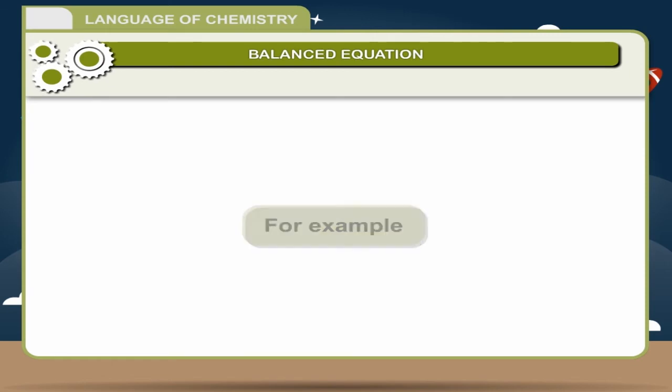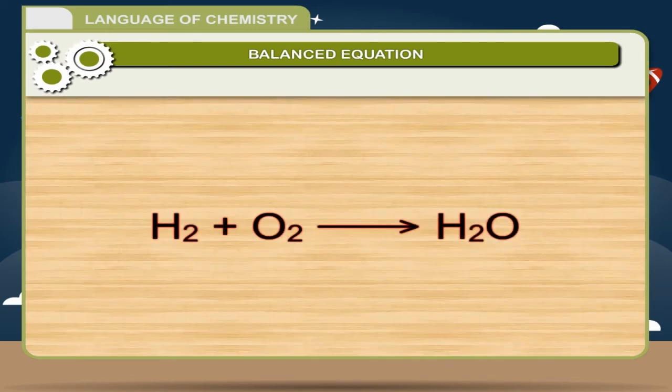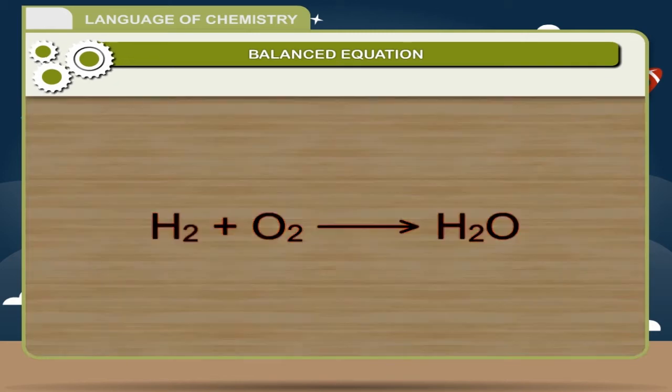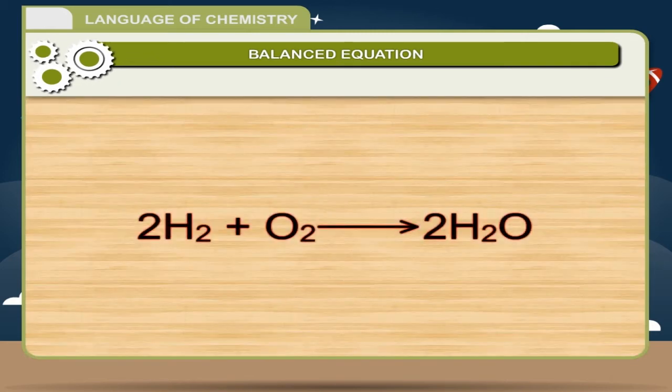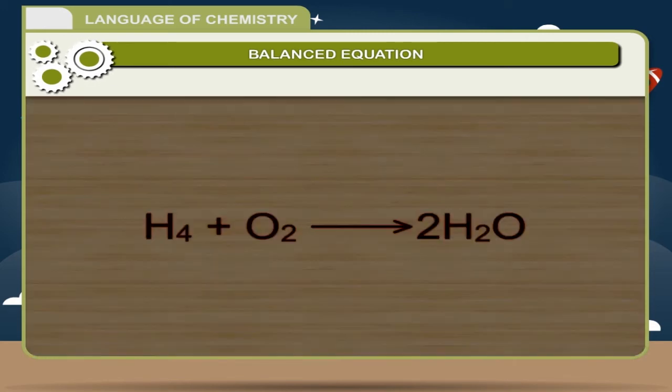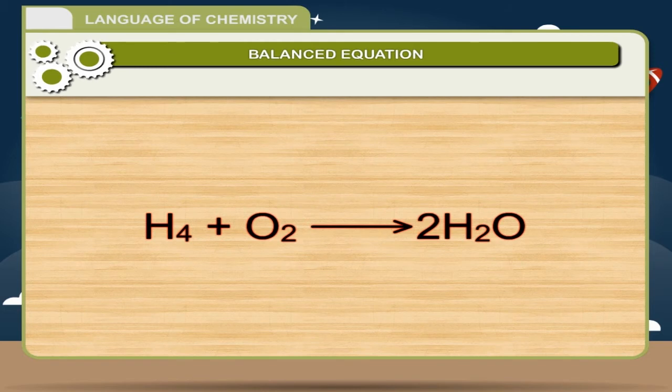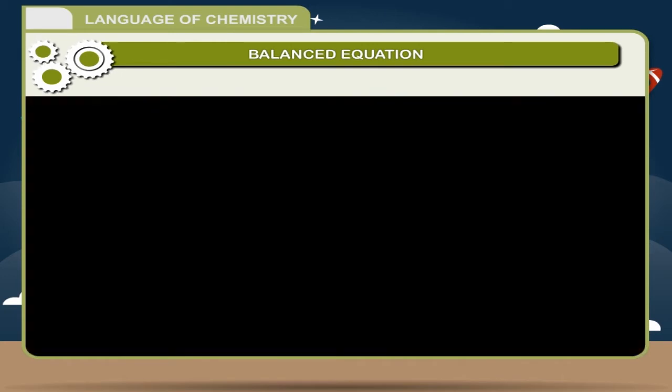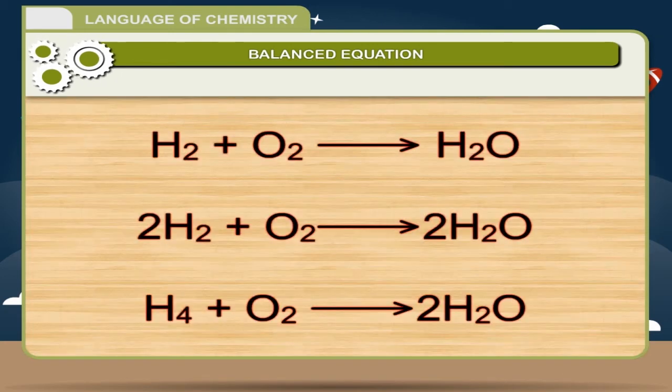For example, H2 plus O2 gives H2O can be balanced as 2H2 plus O2 gives 2H2O. We cannot write H4 plus O2 gives 2H2O. We cannot change the number of atoms per molecule denoted by subscript, as it will change the formula of the compound.